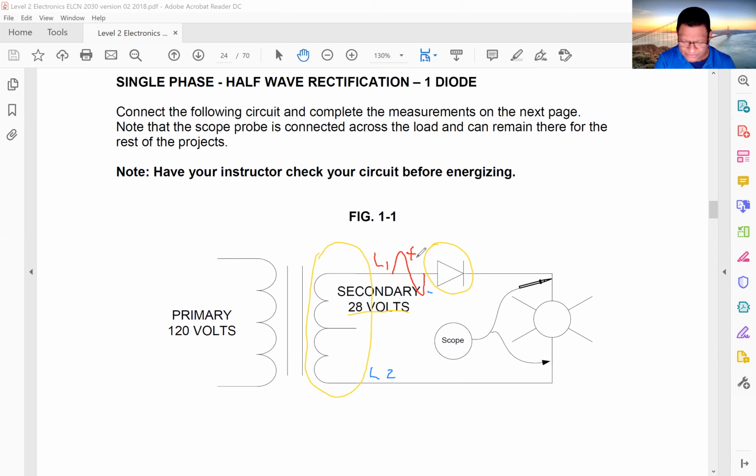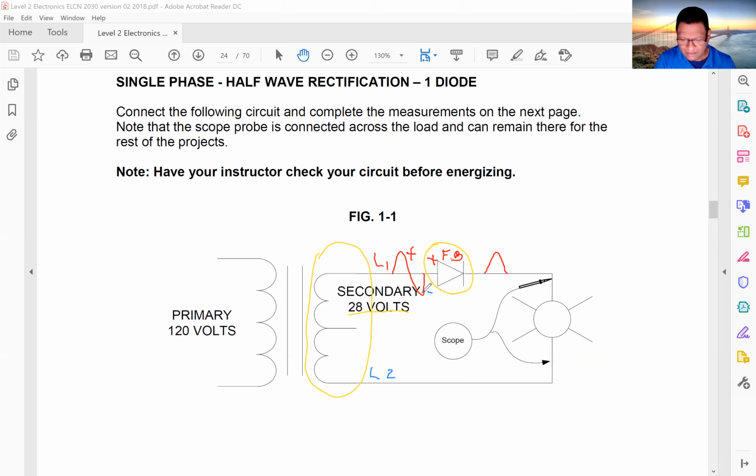When the diode is connected positive to positive, it's going to behave as a forward bias diode, and it's going to conduct that portion of the signal. It's going to be behaving as a closed switch.